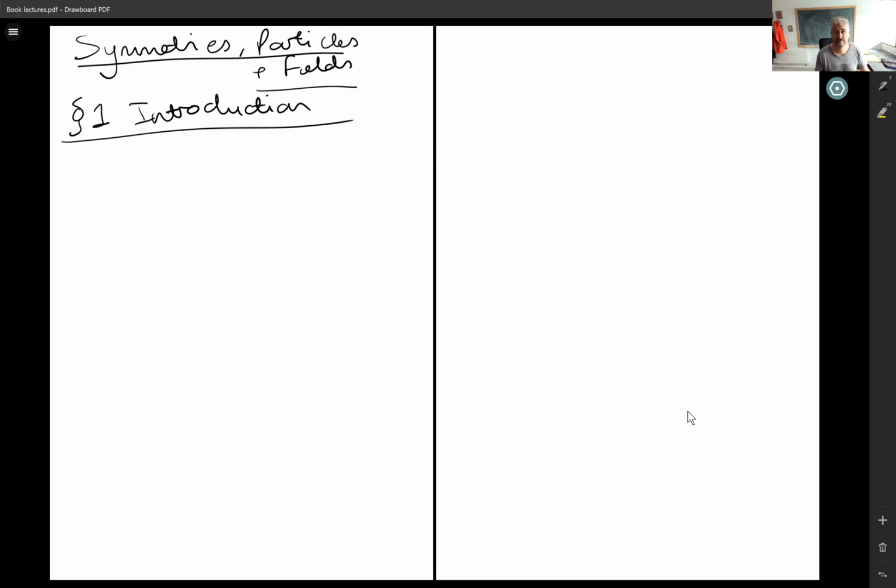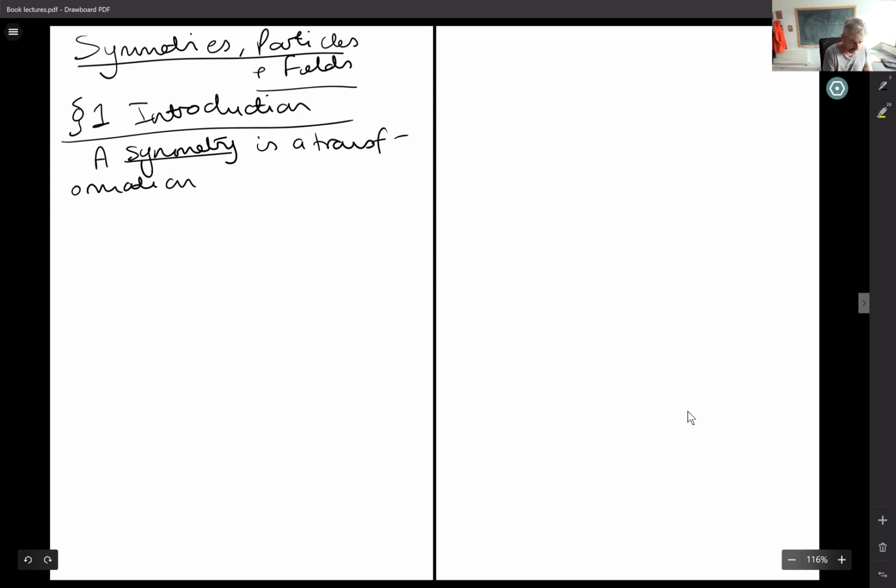That's a symmetry. What's a symmetry? Well, a symmetry is a transformation that you can do on some system that leaves physical properties unchanged. So in terms of the particles and field theories that we're talking about, this might be energies, it might be scattering probabilities, etc. So a symmetry is a transformation, and we'll call these transformations in general g_i.